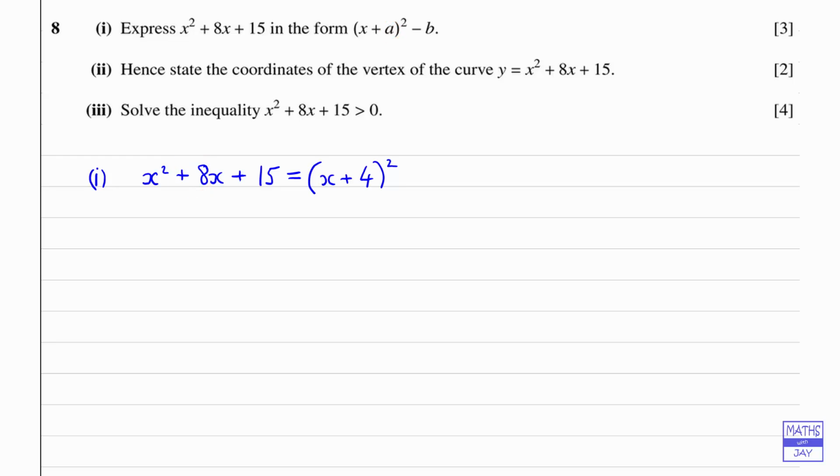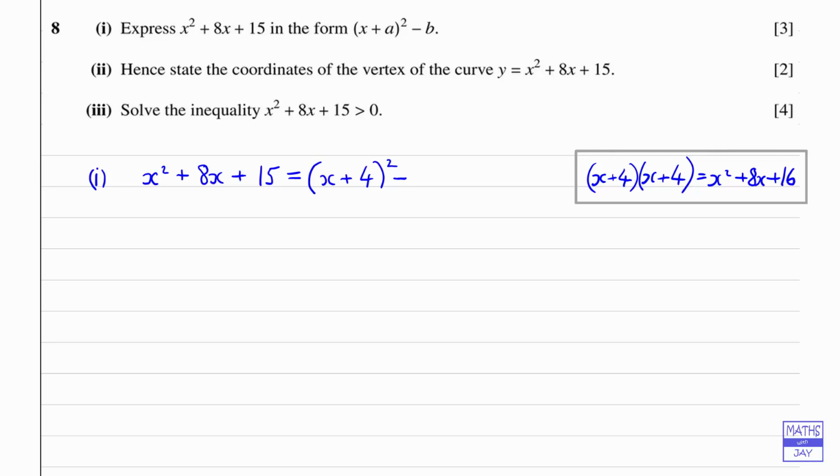And then we need to think about what we've done there. If we've got x plus 4 all squared, that really means we're multiplying x plus 4 by itself. And so that's going to be x squared plus 4x plus 4x is 8x. And then we've also got a plus 16.